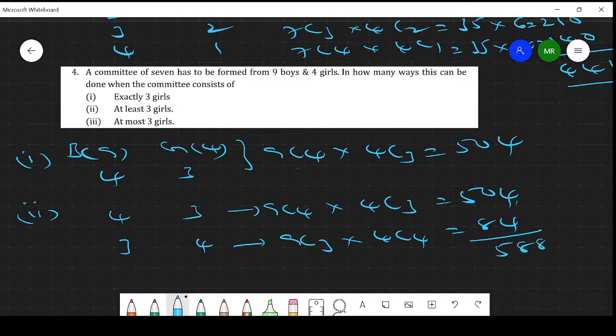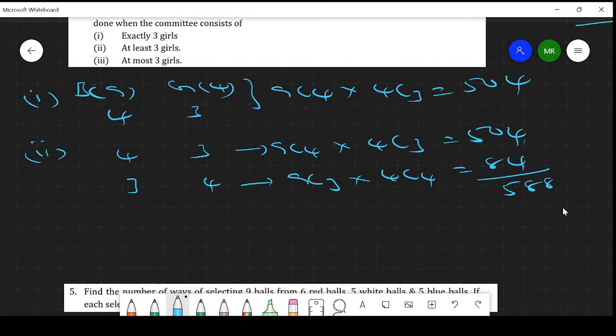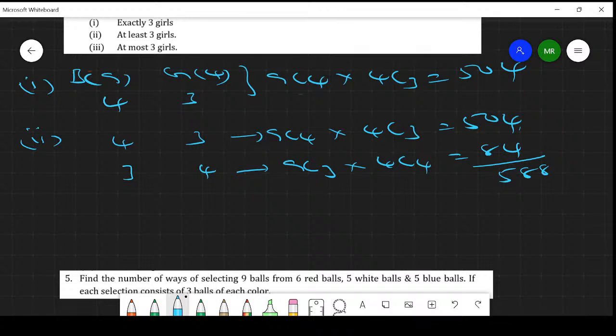Third case, at most 3 girls. Maximum 3 girls. So here we get more number of cases, which I can consider. In the third case they are asking at most 3 girls.